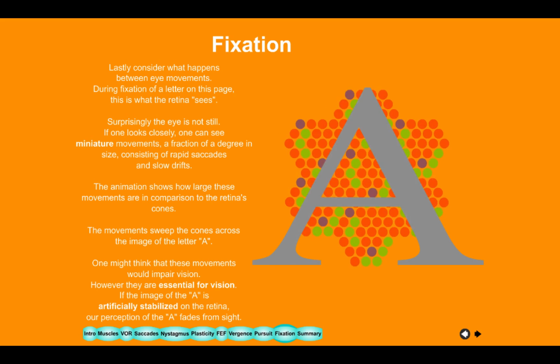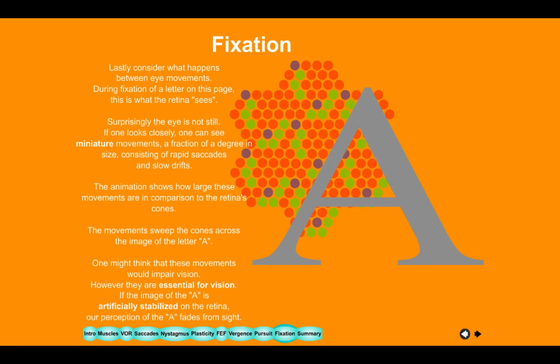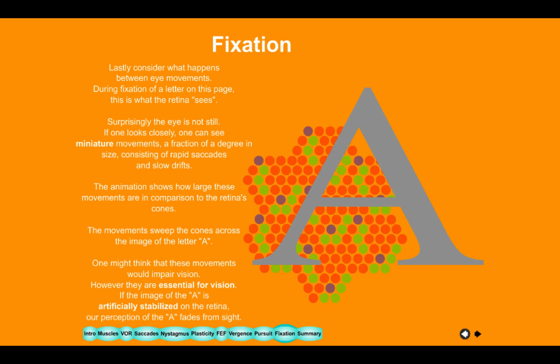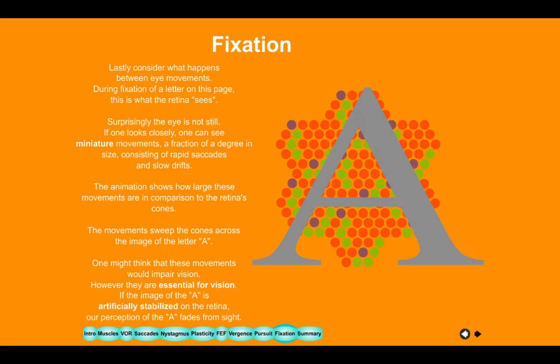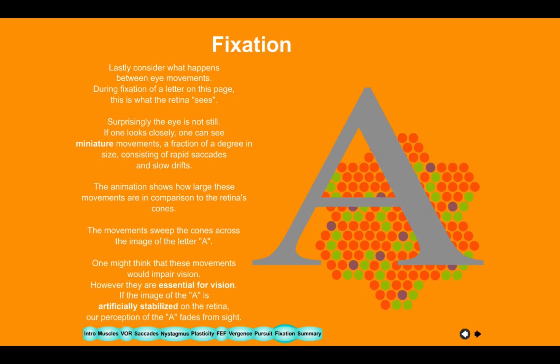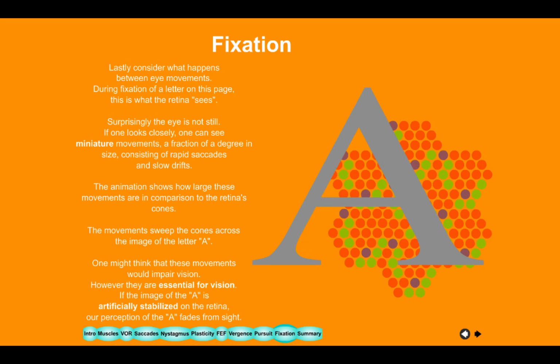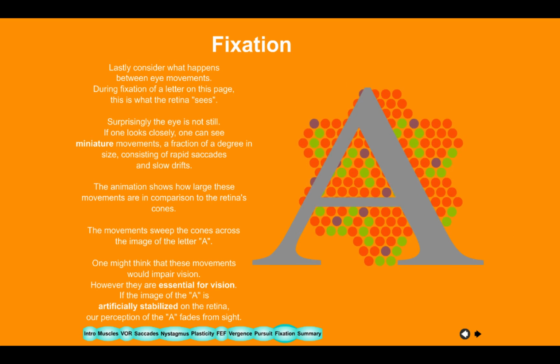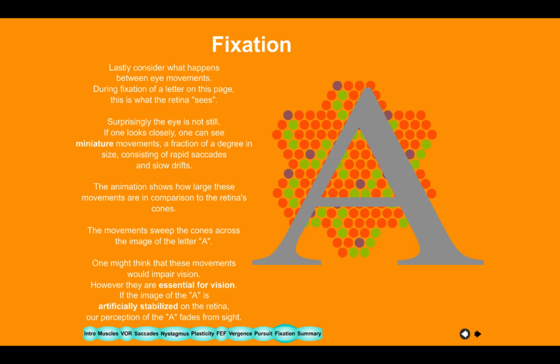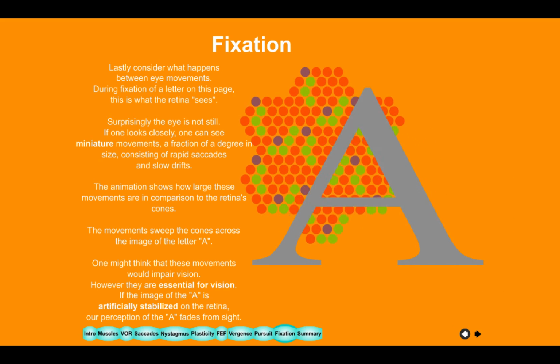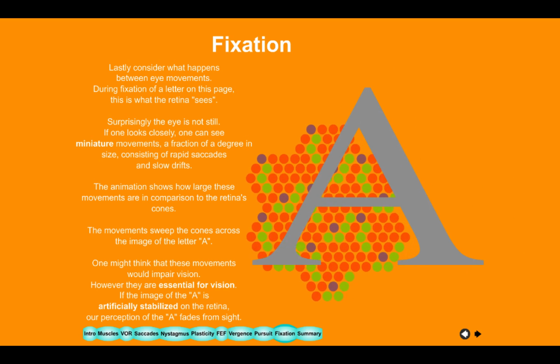Notice that the image of this A isn't stable on these cones. It's moving around across many cones, and it's moving around in two ways. First of all, there are these quick jumps, little tiny saccades, and then a slow drift.